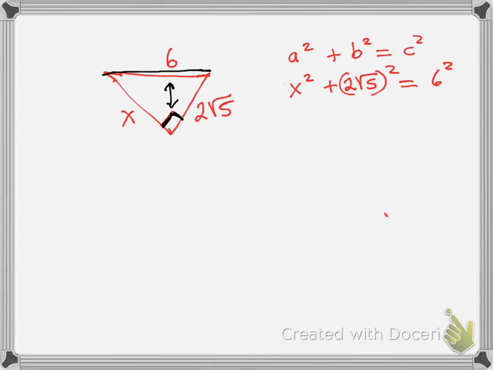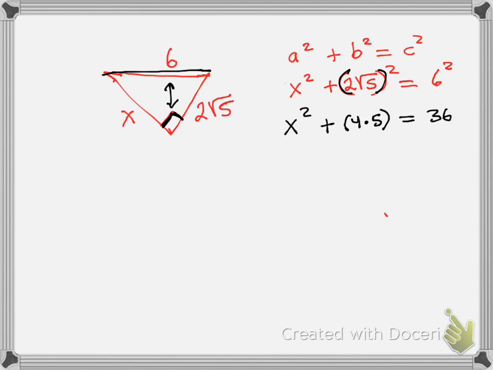Okay, so let's talk about how to square that radical. So I'm still going to have x squared. Now, when I square this, square 2. 2 squared is 4 times rad 5 squared is rad 25, which is 5, equals 36.